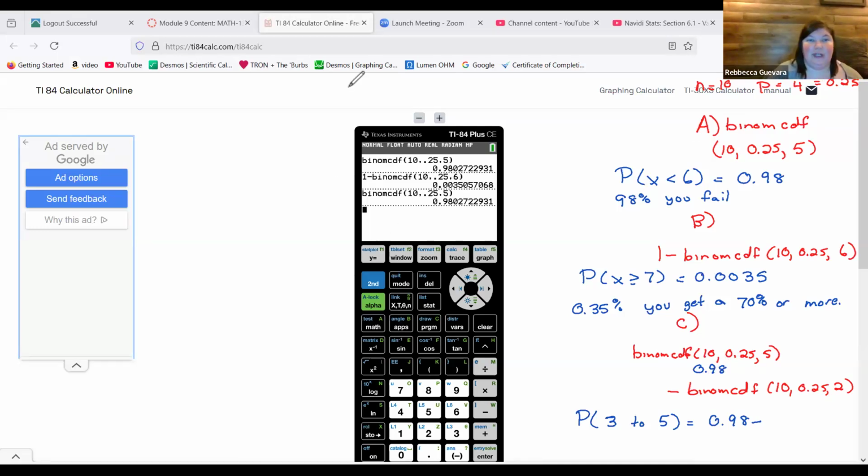And then we are going to find second distribution, all the way down one more time. We're almost there. We're going to take off the probability of 2 or less because then that leaves us with between 3 and 5. So that is going to leave me with, oops, I didn't actually hit enter.